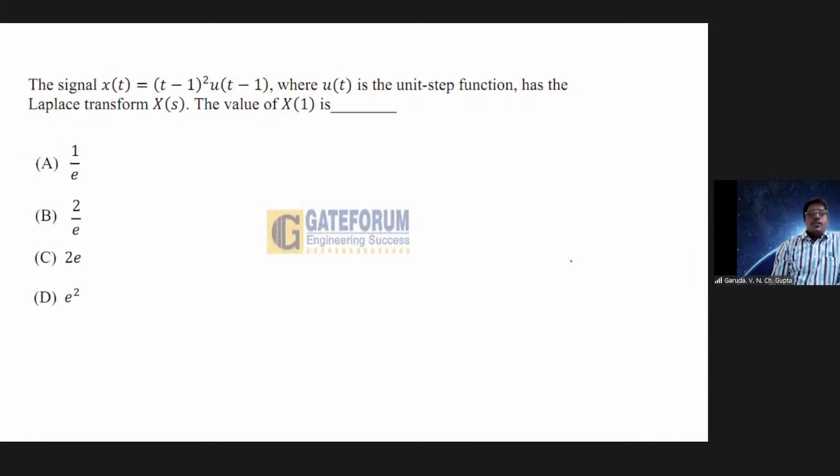The next question is mathematically from the Laplace transform, but the terminology is related to signals and systems only. Okay. So we can apply the second shifting theorem. The signal x(t) is given as (t minus 1) whole square u(t minus 1), where u(t) is the unit step function. As the Laplace transform X(s), the value of X(1) is.